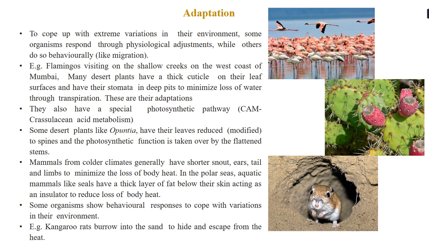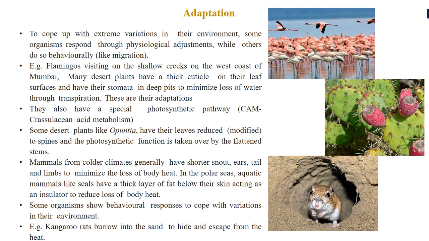To cope up with an extreme variation in the environment, there are some organisms that respond to this variation through physiological adjustment. That means they adjust their body physiologically. And there are some organisms that show behavioral changes.